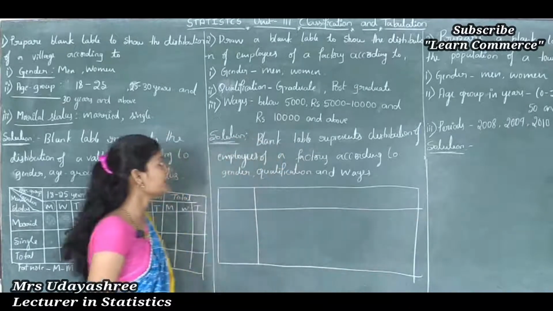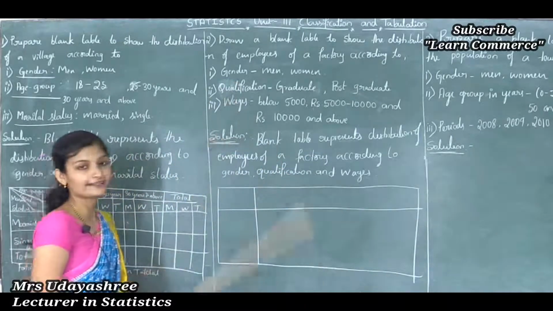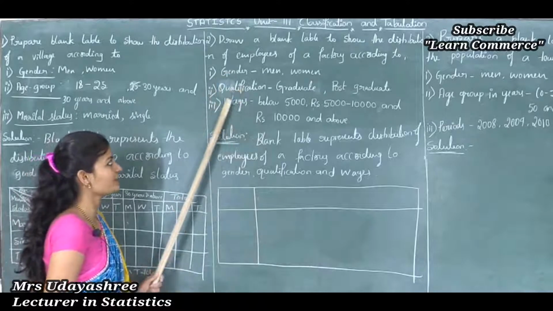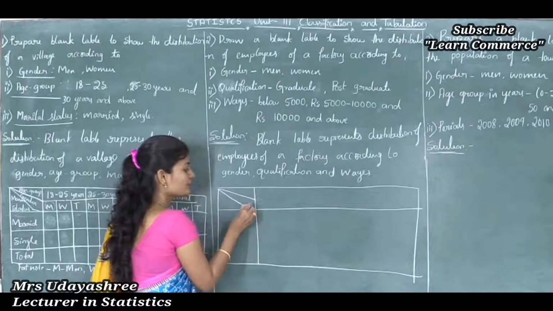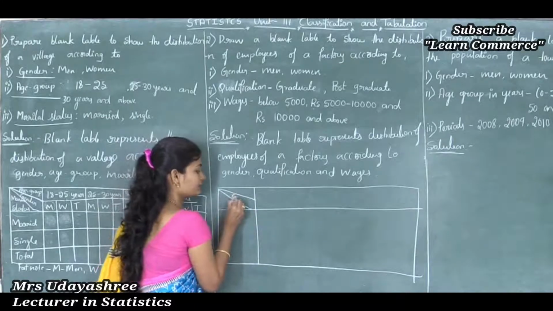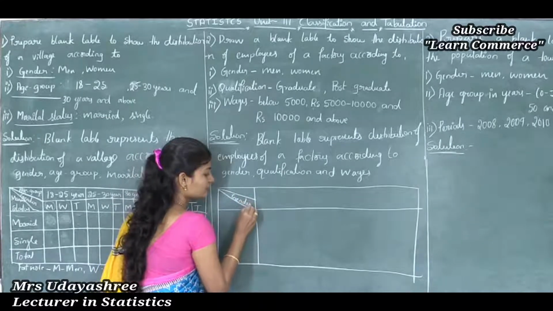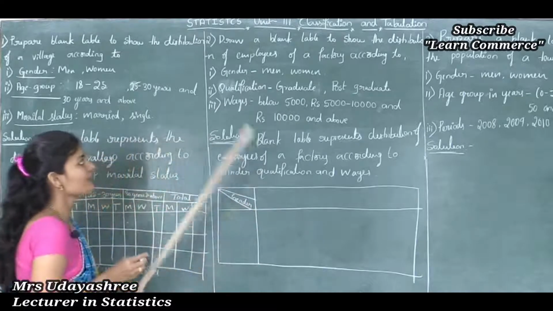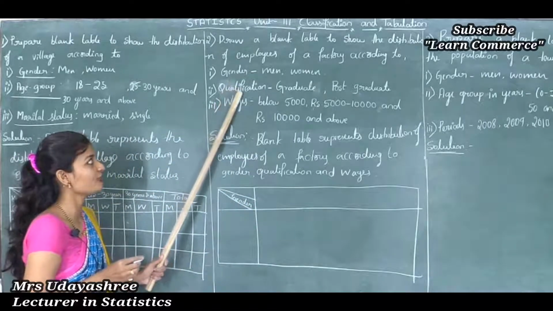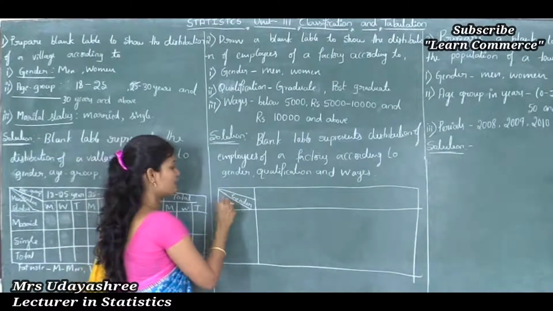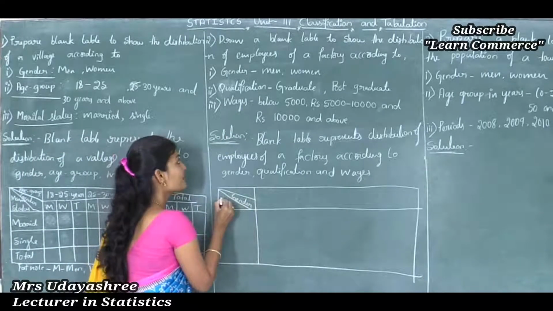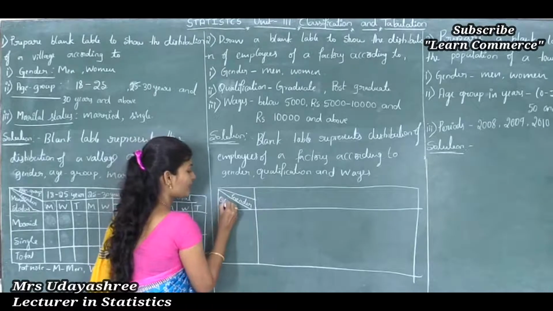Here three classified characteristics are there, that is gender, qualification, wages. So I will make three parts like this. In the middle part I will write gender. Next, two classifications are remaining, qualification and wages. Here I will write qualification.